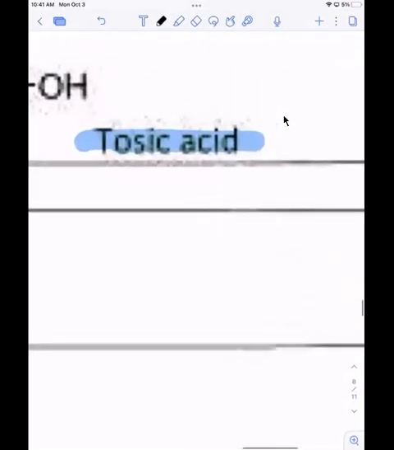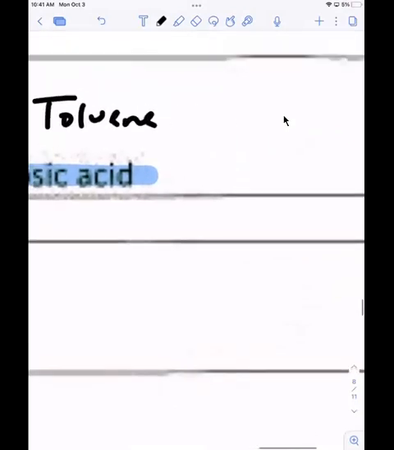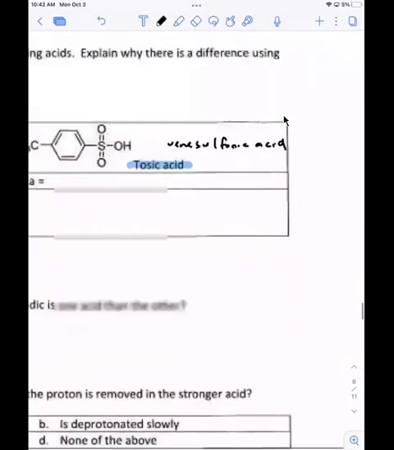And this one is toluene sulfonic acid. Anybody got it?